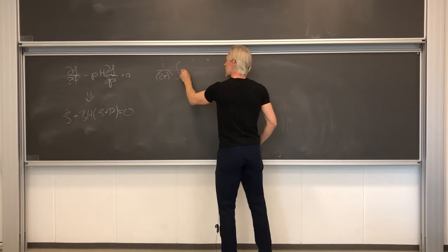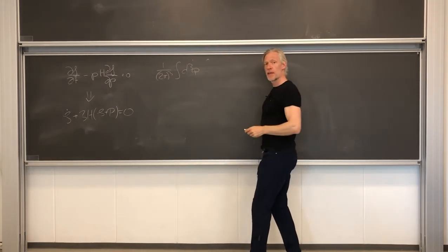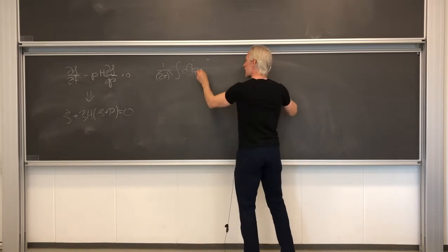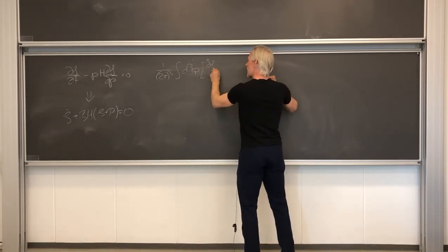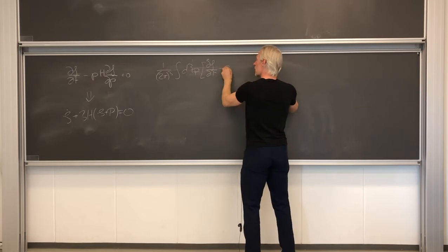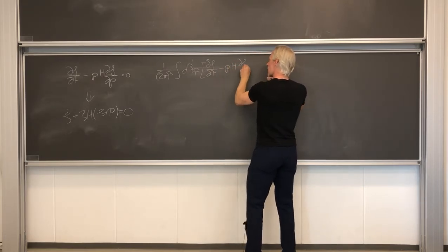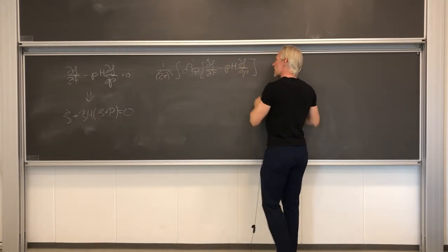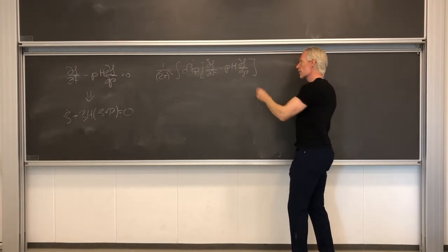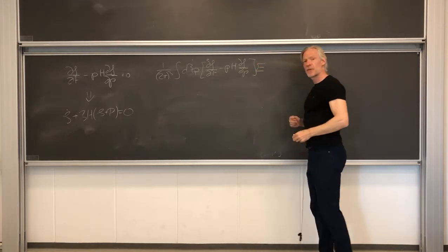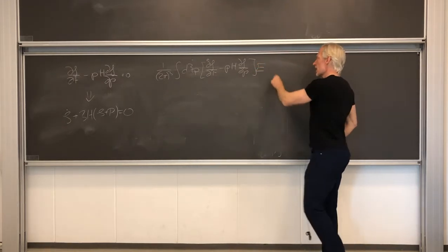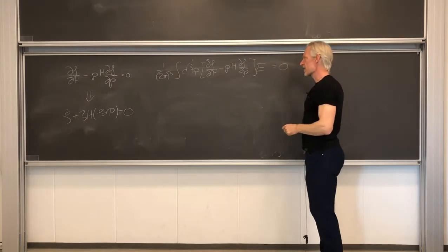So if we start just like before, we do this momentum space integration, then we have the Boltzmann equation in here, like this. But now, instead of just doing this integral, we multiply with the energy of each state. And then we set this equal to 0.